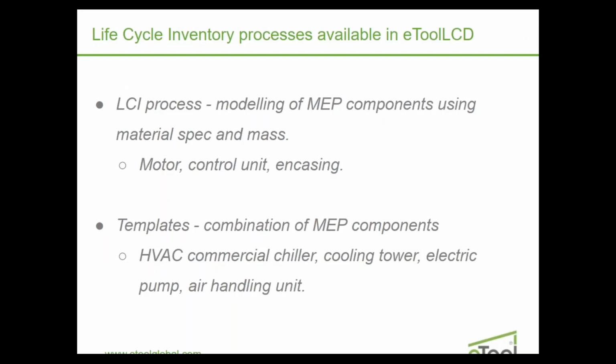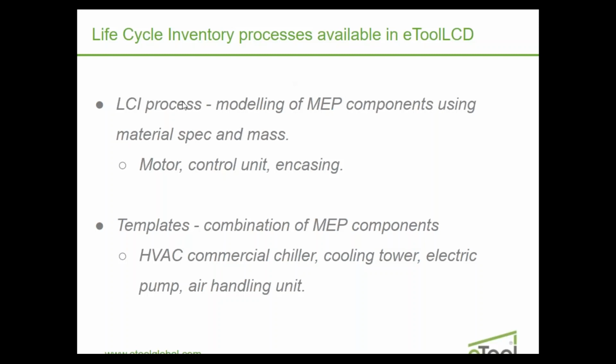Then we go into a bit more detail on the lifecycle inventory processes available in eToolLCD. So I'll show you in the software. The processes are broken into elements, what we call the element names, which are electronics, electrical equipment, and standard materials like PVC or copper, galvanized steel, and so on.